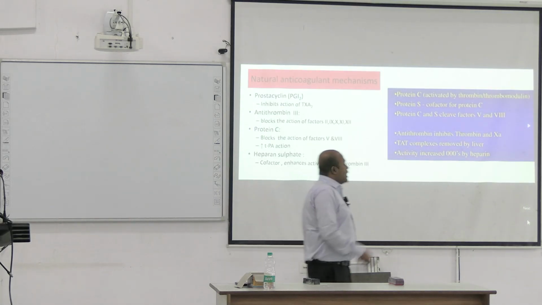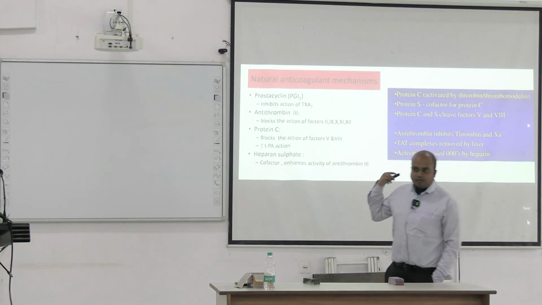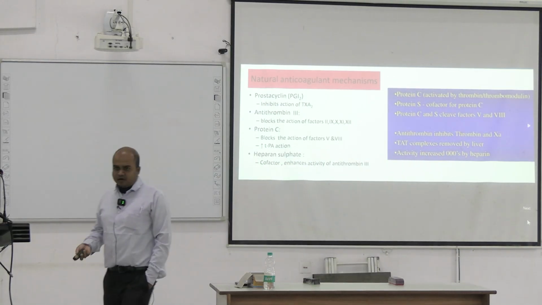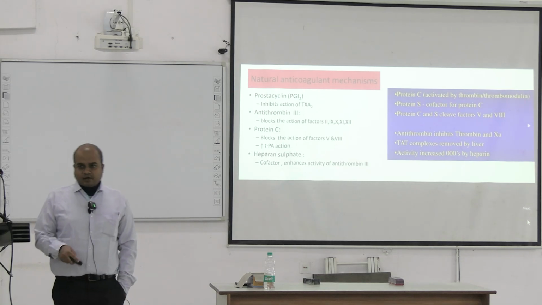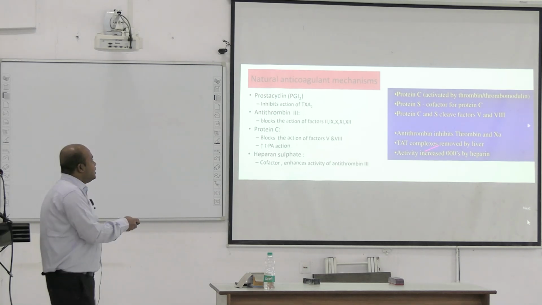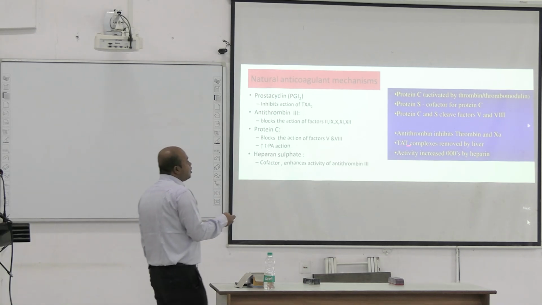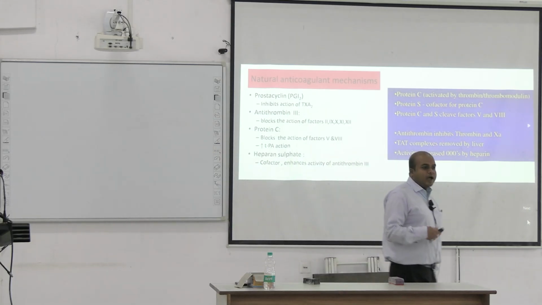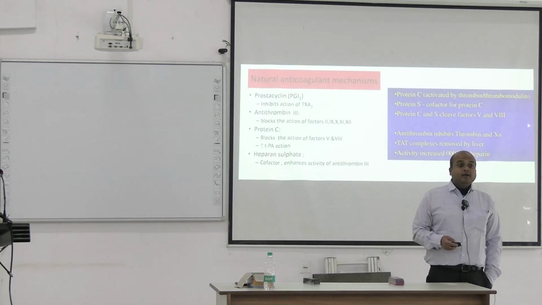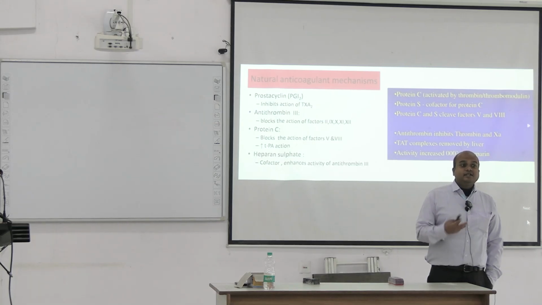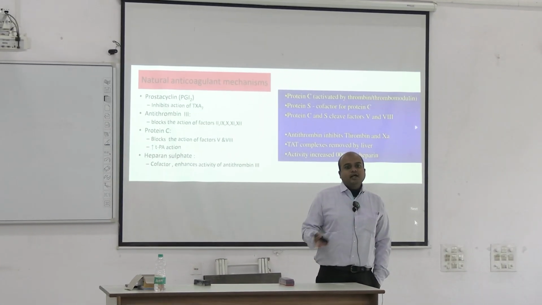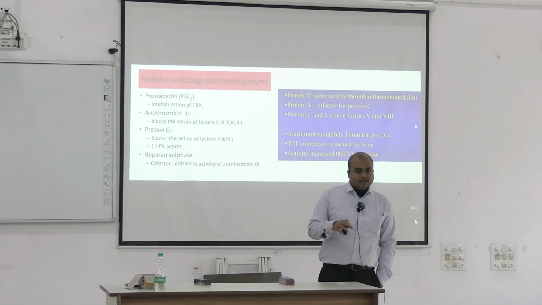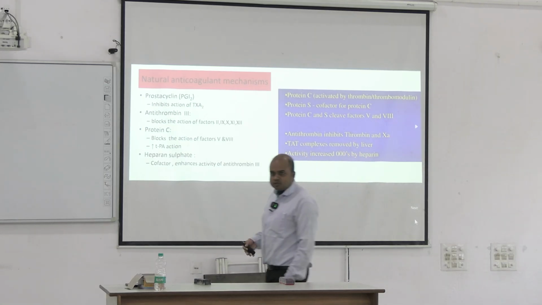So this one, antithrombin, as we told, binds and inhibits thrombin, that is activated factor 2. Thrombin can also be written as activated factor 2, prothrombin to thrombin. Thrombin and 10A form TAT complexes, which means thrombin-antithrombin complexes. These are eventually removed by the liver, and the action of antithrombin is increased almost 1000 times by heparin.